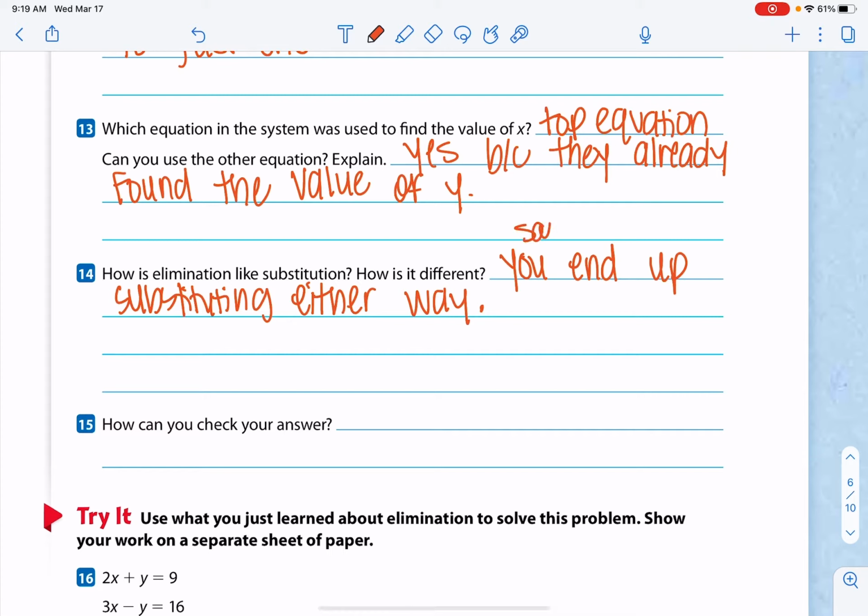They're the same because you end up doing the same steps, but then they're different because you end up adding a set of opposites together to get that variable or that set of variables completely out of the way, okay? Because you have to have a set of opposites for elimination.